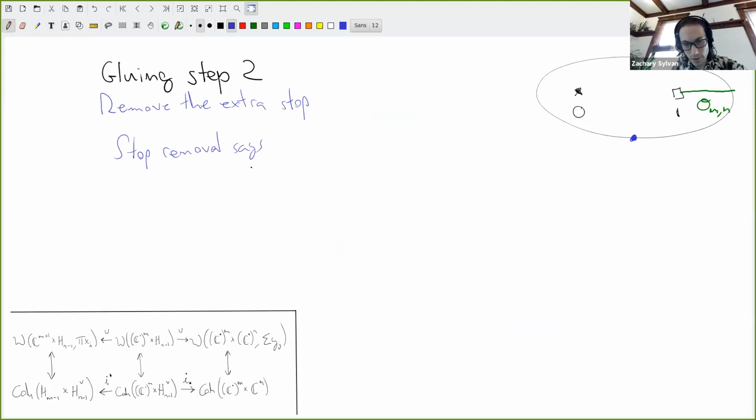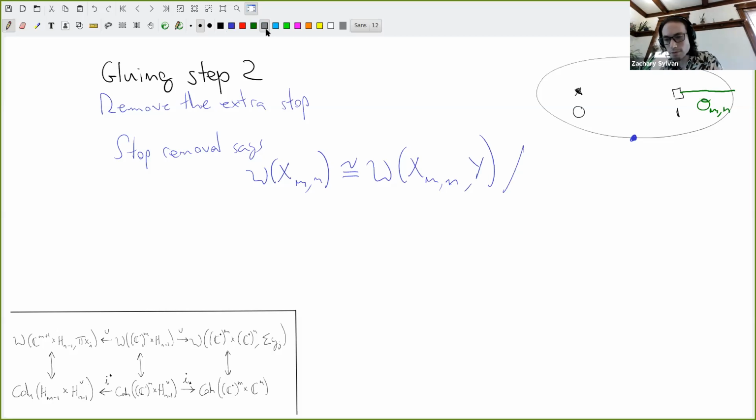that W of X_mn is a quotient. We take W of the directed thing, X_mn stopped by y, and we quotient by the image of this cup functor. And so this cup functor unfortunately looks like a cap because the stop's at the bottom, but that's the image.